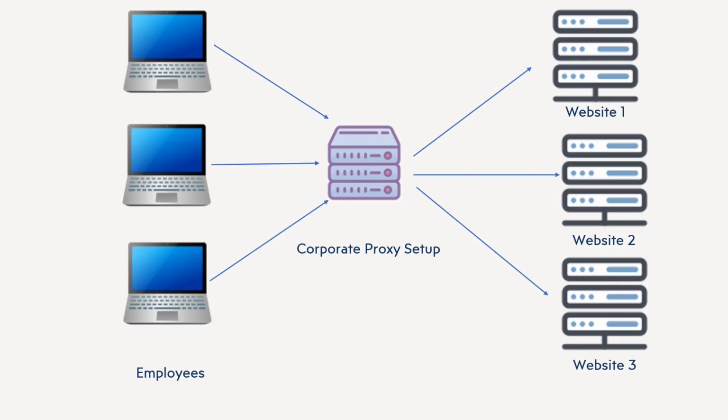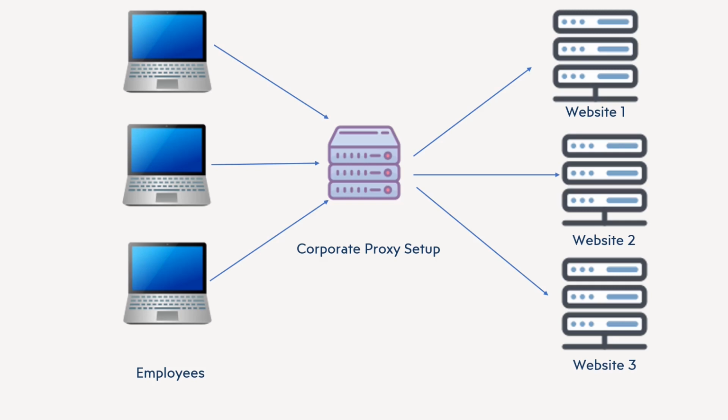The website servers are not aware whether the request is coming from the proxy setup or exactly from the user. That's why, when we use a forward proxy, the receiving server does not know the actual client, but just knows that some proxy is trying to access this website.